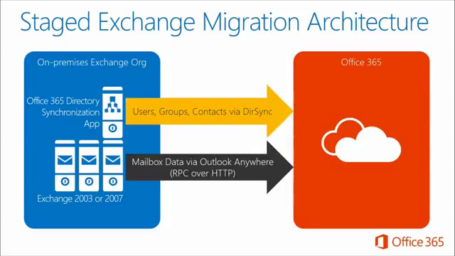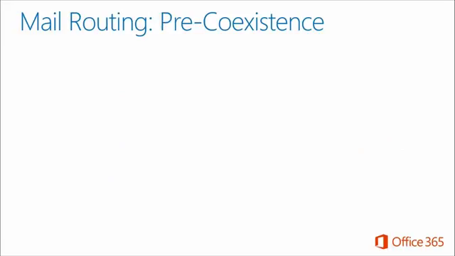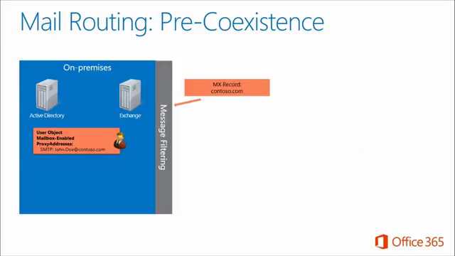So stage migration, what does it actually look like from an architecture? You have DirSync, which is part of stage migration. You have your Exchange 2003 or 2007, and users and groups and contacts come via DirSync, and then mailbox data via Outlook Anywhere, which is how Office 365 connects back, starts to draw that information forward.